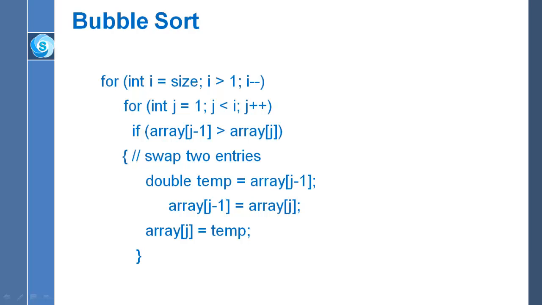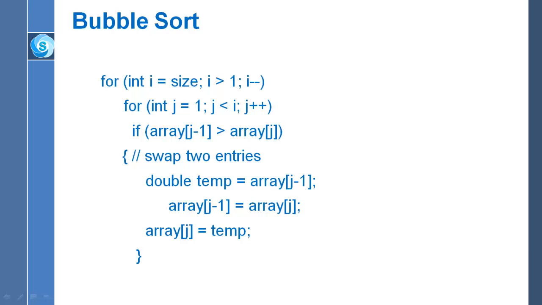If you want to interchange two entries in an array, you take one of them and copy it to a different variable. That's why I have this variable temp here. Temp is used to hold the value that's stored in position j-1 of the array temporarily.